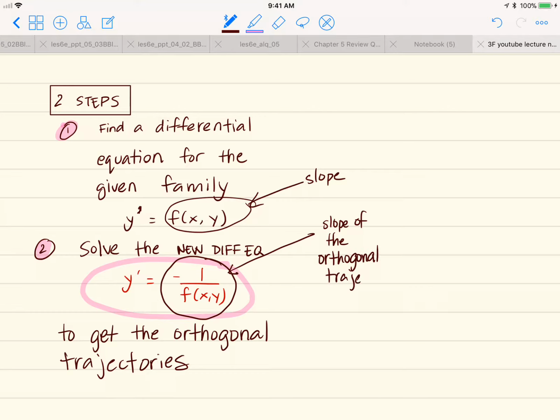Because when I multiply f of x, y by negative 1 over f of x, y, I get negative 1, which is what I want. I want the product of my slopes to be equal to negative 1.